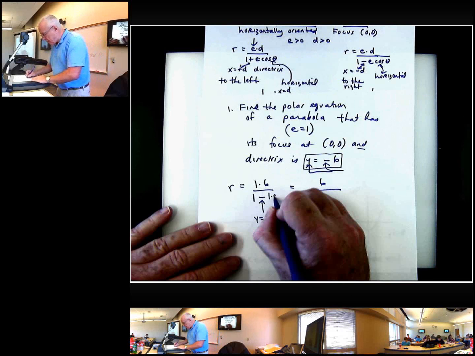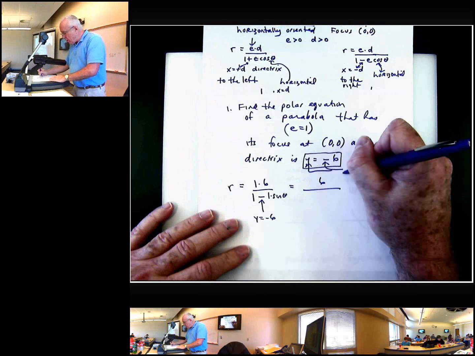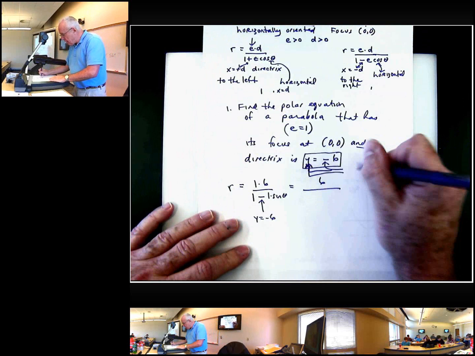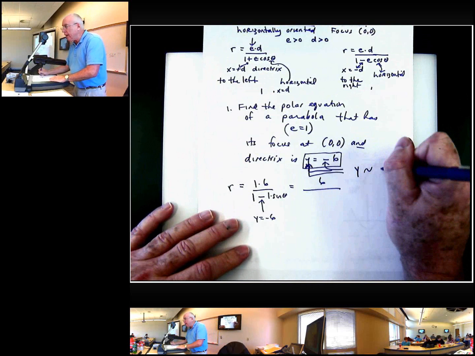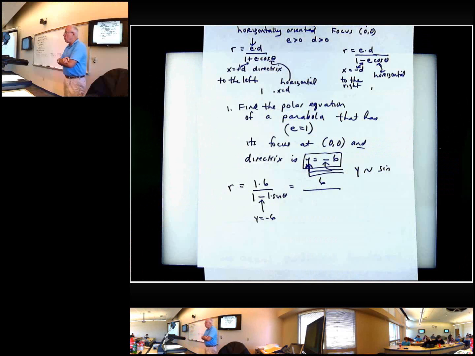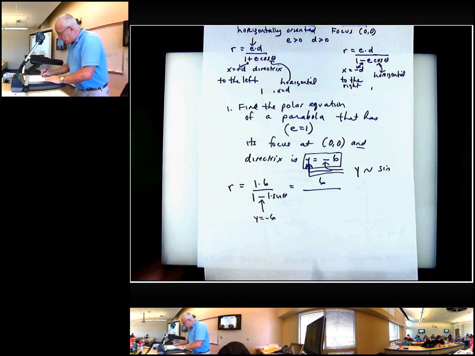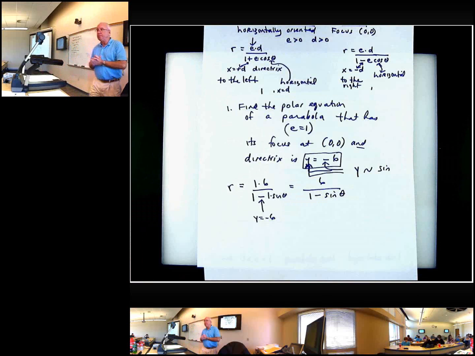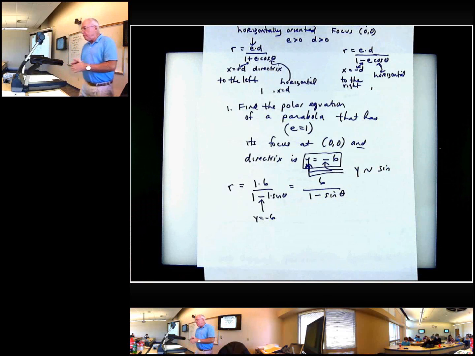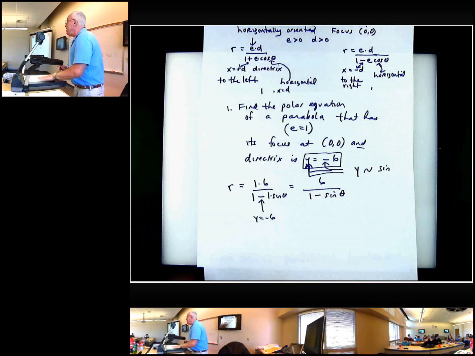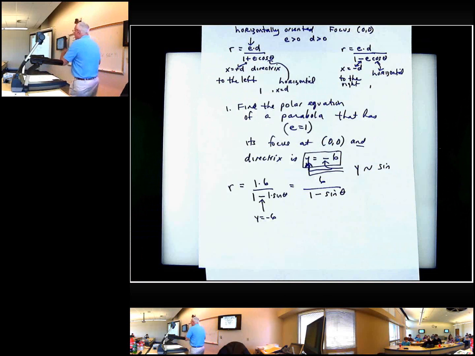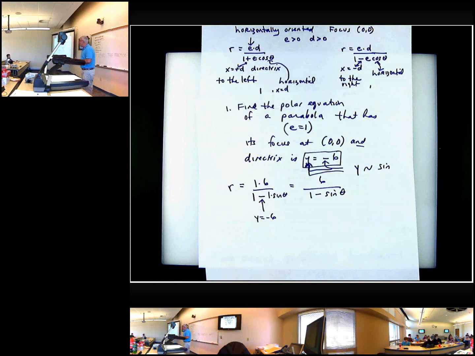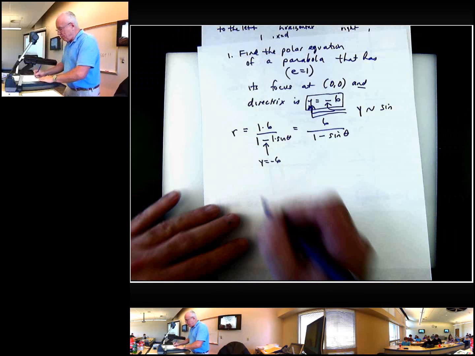I'm going to put sine of theta, because this is y equals, and we're going to relate that to the sine function, for the y coordinate. So our answer here is 6 over 1 minus the sine of theta, and that's our answer. That's it. This is the easiest problem. But that's how you can, from that information, generate that equation. Use the memory tips that I've given you to help you with this.